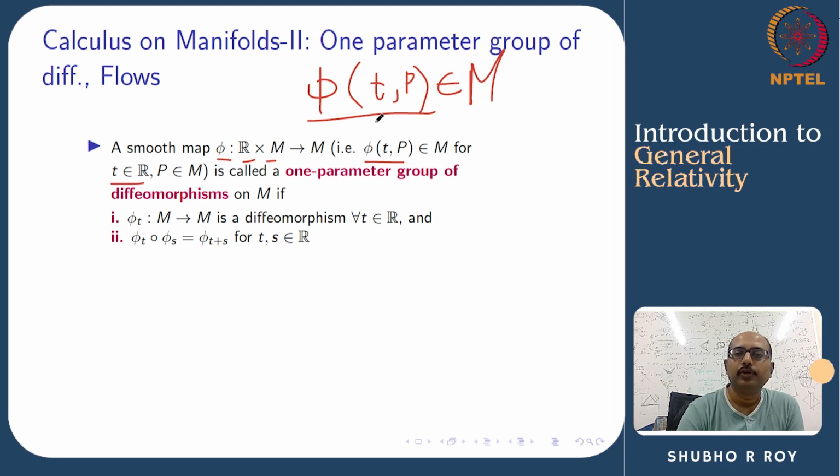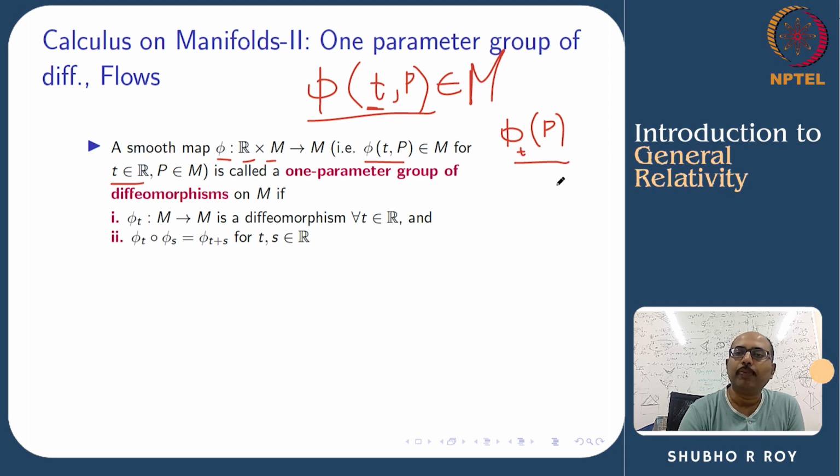Now such a map, in general, is not a one parameter group of diffeomorphisms. What qualifies such a map to be a one parameter group of diffeomorphisms is this: if you fix t, so t is not a variable anymore, I'm going to denote that map phi sub t.